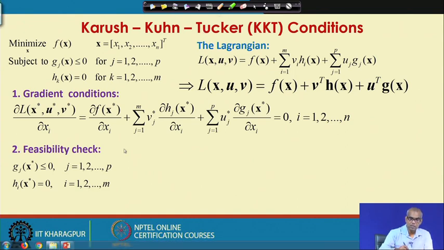So, this gives us the feasibility check. The stationary point must satisfy all inequality constraints as well as equality constraints. Otherwise, it cannot be a stationary point or a likely candidate for minimum.